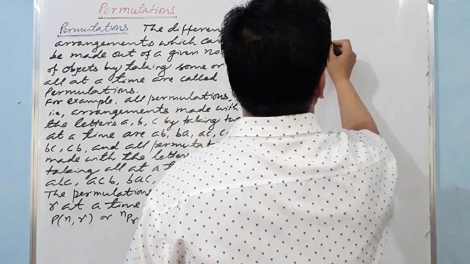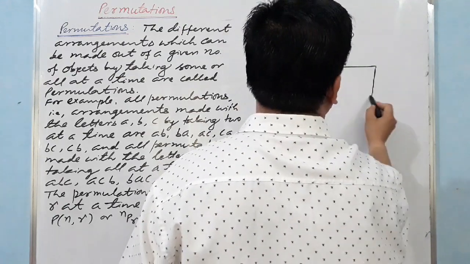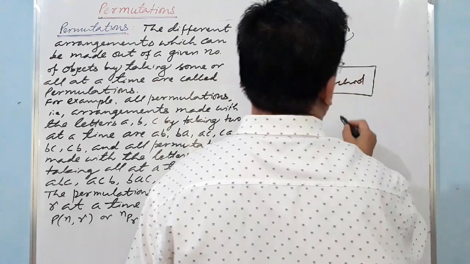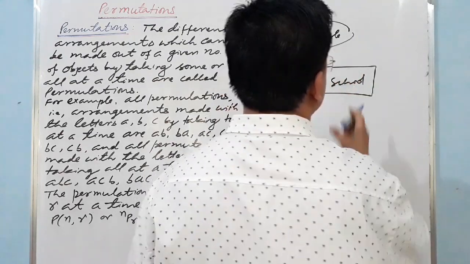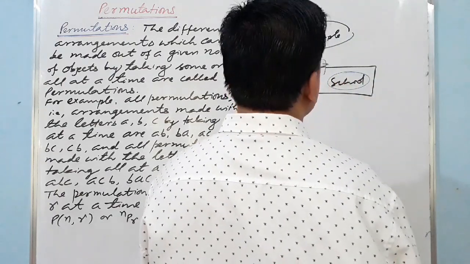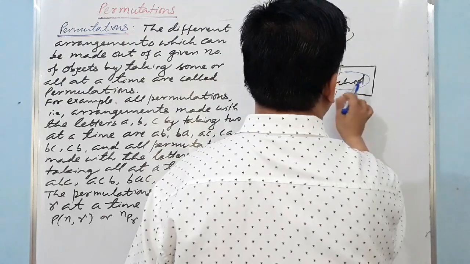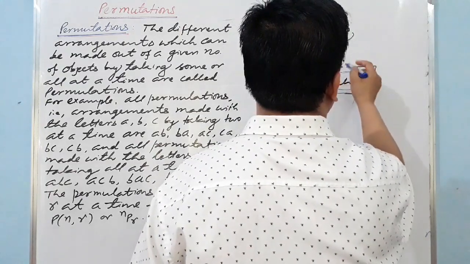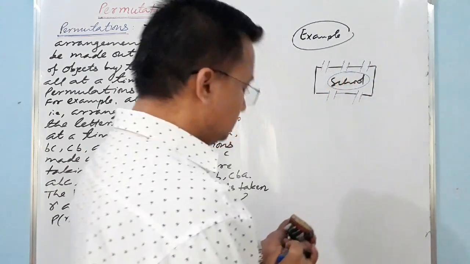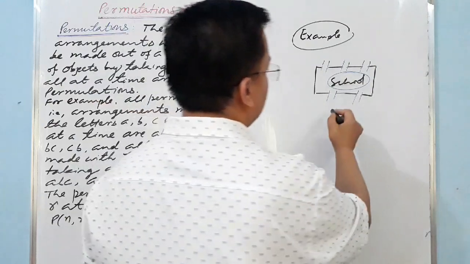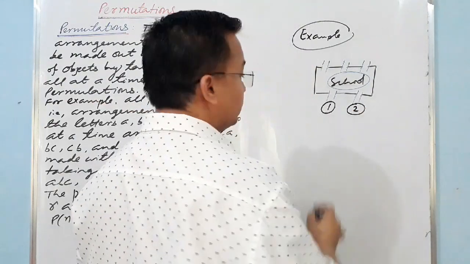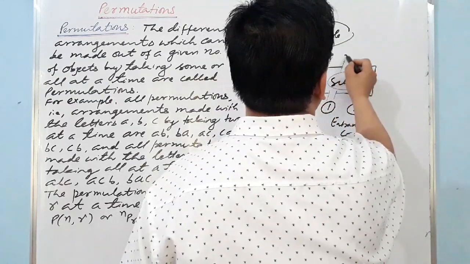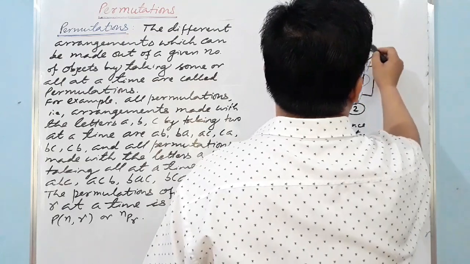Let's suppose this is a school. Here are number 1 and number 2 entrance gates, and number 1, number 2 and number 3 exit gates.